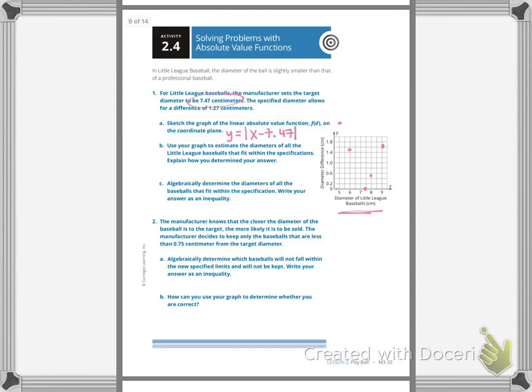Let's see if we can get 7 is 0.47. Okay, and then that 1.27 is going to be like my y equals. So if I go to 1.27, it's going to be right there.